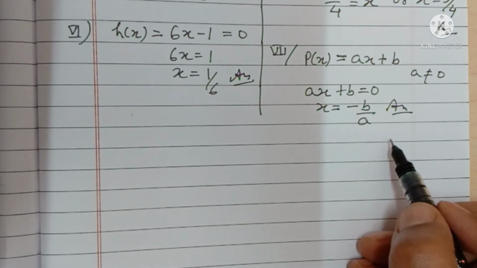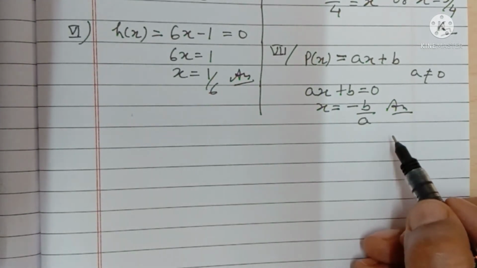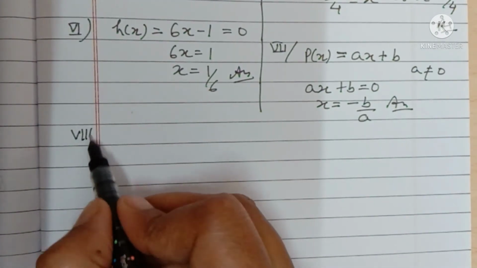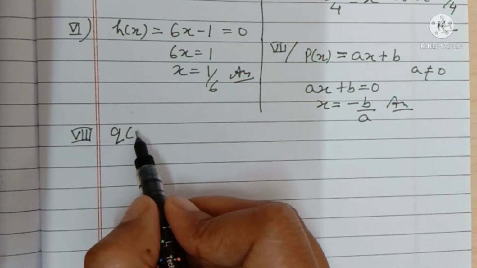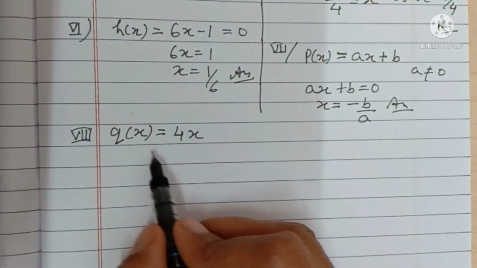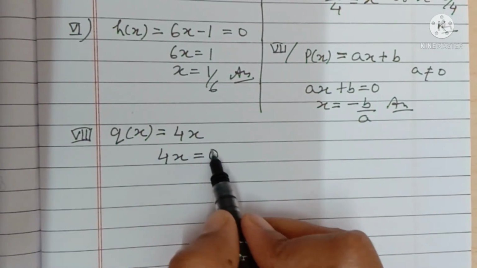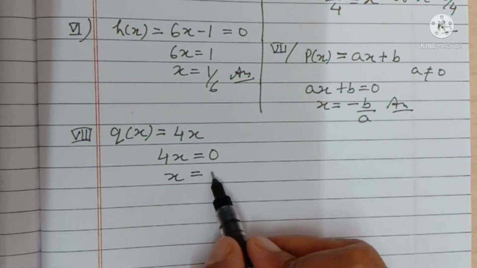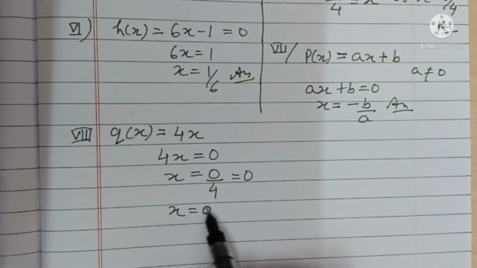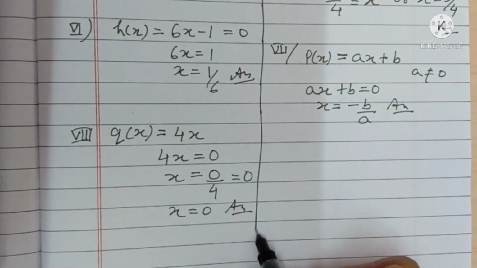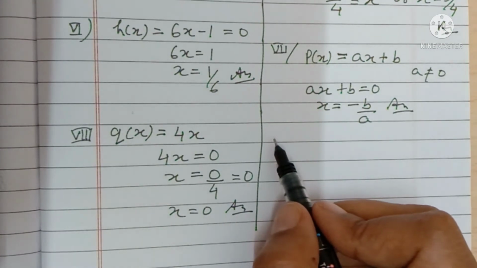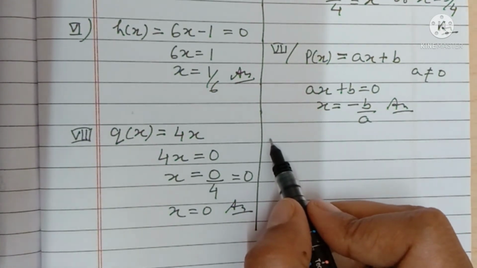Now next one is eighth part, qx is equal to 4x. 4x is equal to 0 and x is equal to 0. 0 upon 4 means 0. So x is equal to 0, answer. Now the ninth and this is the last part of the question number 4.